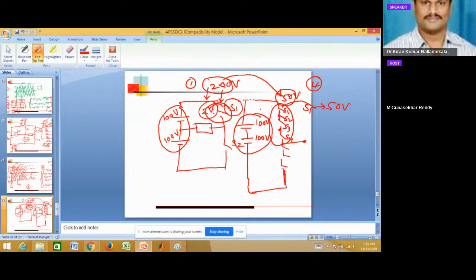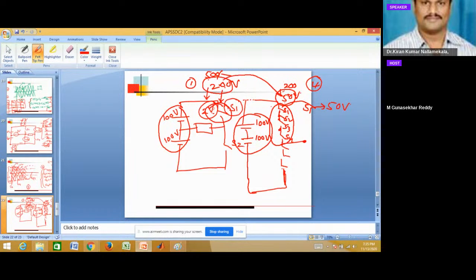So finally, if you calculate, if a single switch is 500 rupees, each of the smaller switches may be around 100 or 200 rupees, so the total is around 1000 rupees.